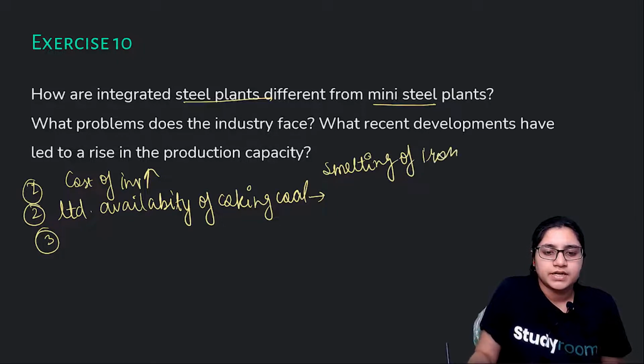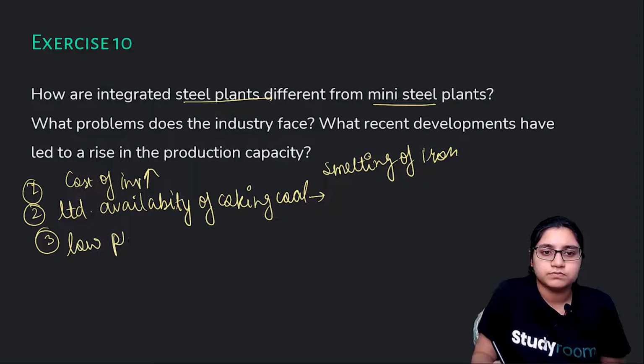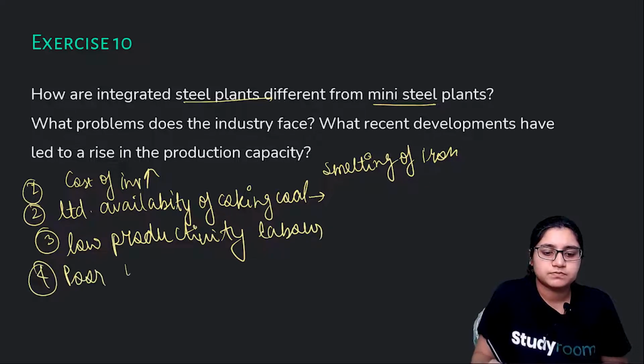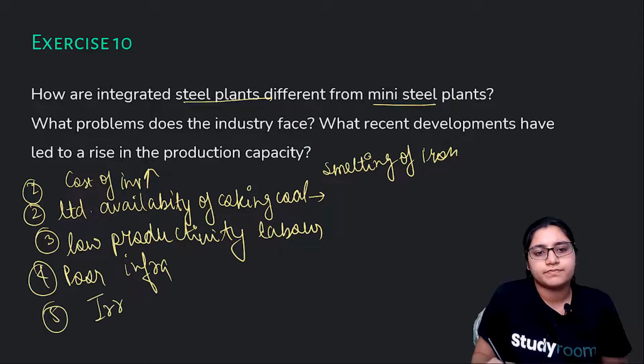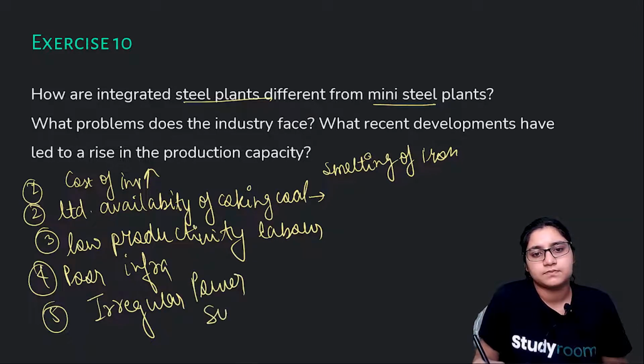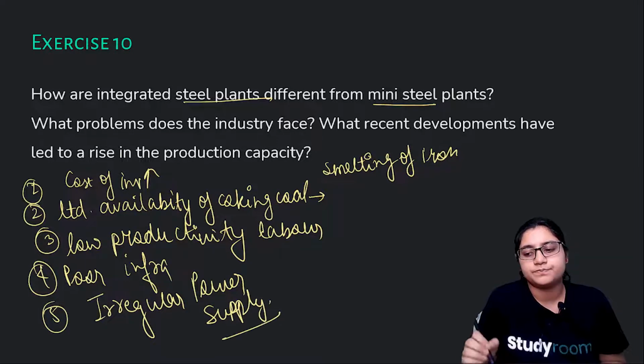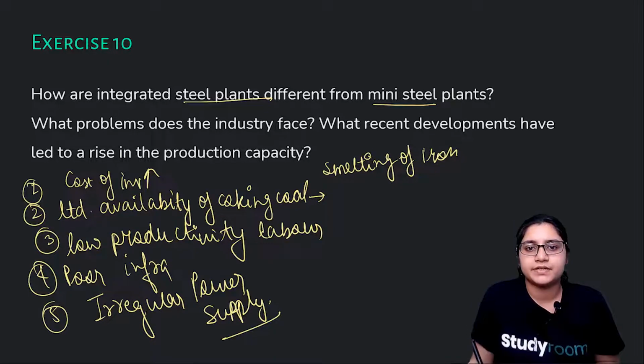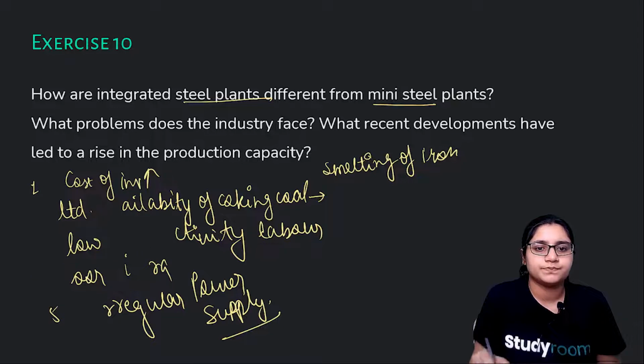Then we have low productivity of laborers. Machines would give equal produce, while laborers' productivity might decline. Then sometimes we face poor infrastructure, and the major problem is irregular power supply. I hope it is really clear to you all. Any doubts? Let me know.